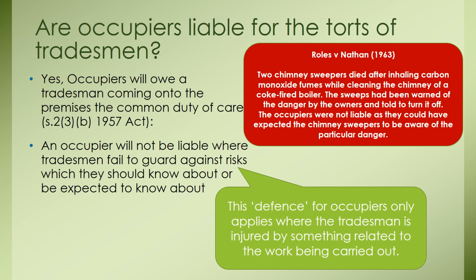If a tradesman comes onto Van Dyke premises for the purposes of cleaning or unblocking a sink in a kitchen, but they're actually injured by a big piece of equipment falling onto them, let's say a projector, then that's not going to be related. So therefore we would more likely, as the occupier, be held responsible for that.